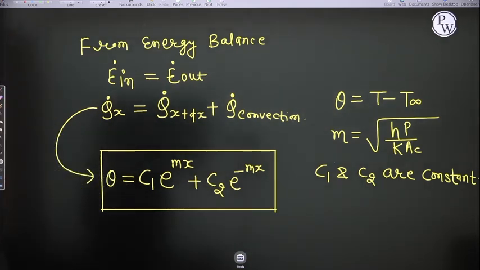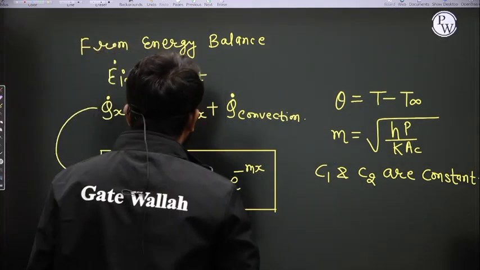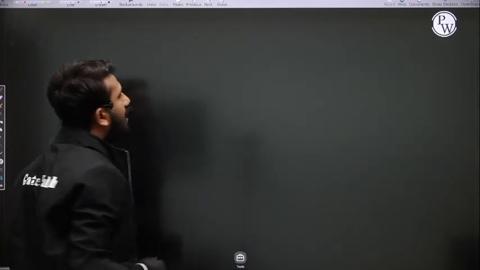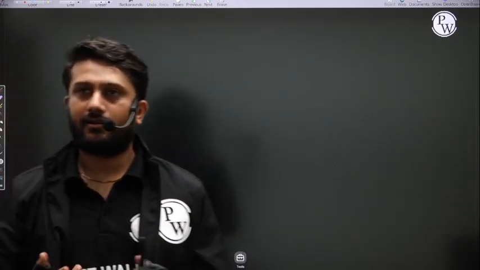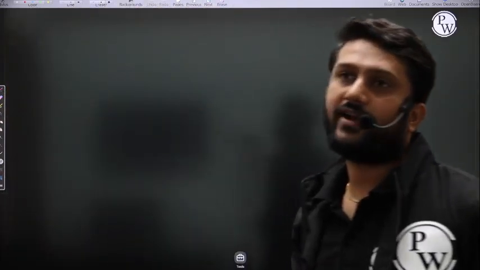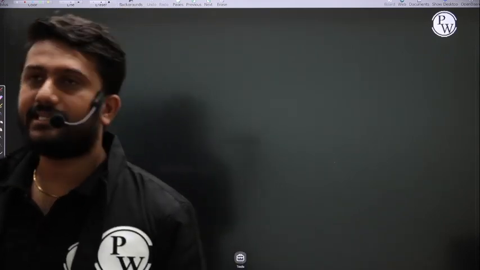Okay, now see here. C1 and C2 are constants, and how will we find these constants? By using the boundary conditions. And the boundary conditions are as per the type of fin.